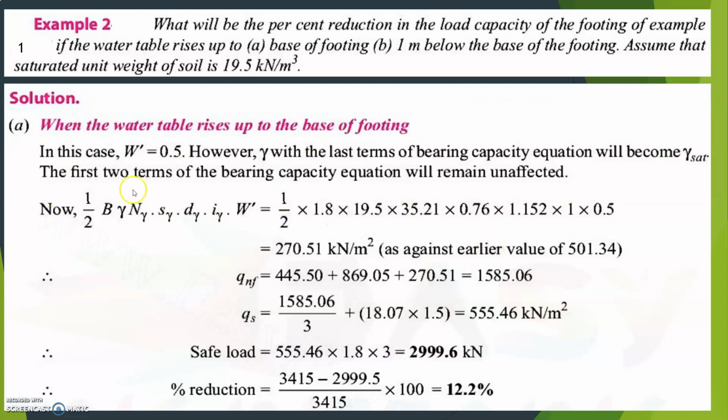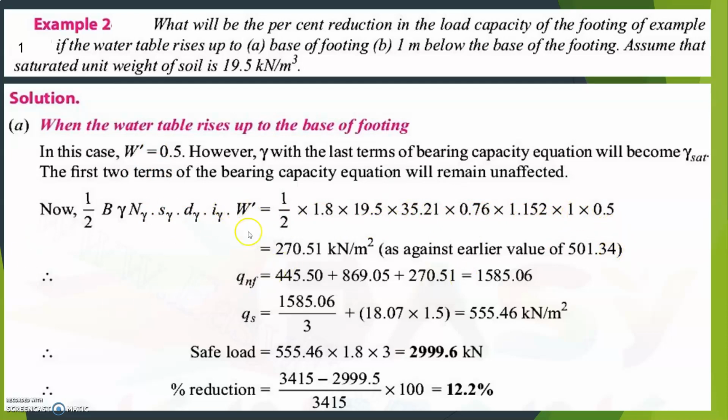So half into B, the width of the footing, that is 1.8, into gamma, that is 19.5, into N gamma, that is 35.21 as given in the previous example, into S gamma 0.76 into D gamma 1.152 into I gamma, that is 1, into W dash is equal to 0.5.